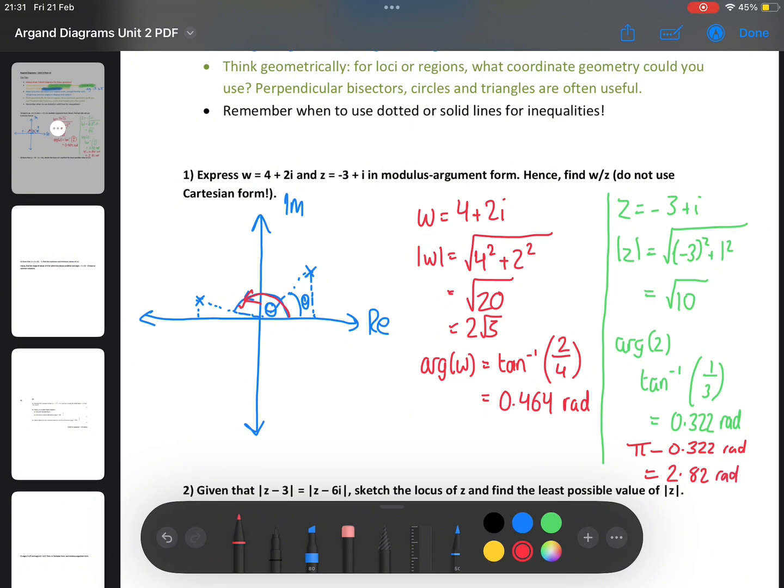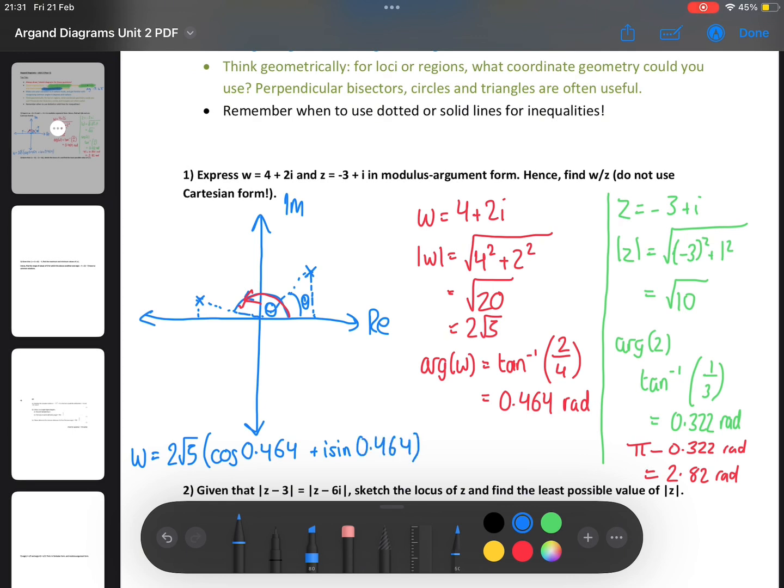So to then convert both of these into modulus argument form, we have w equals 2 root 5 cos 0.464 plus i sine 0.464.